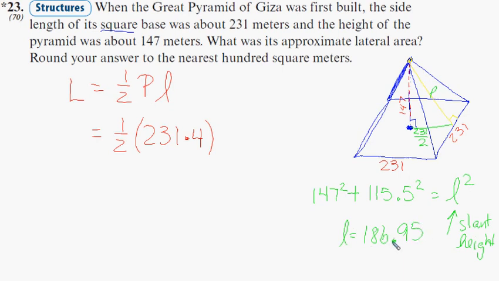All right, now we're finally ready to put that in here, 186.95, and then you can multiply it all out and you'll get the lateral surface area. Okay, do you see now why I said a sketch is so important? Because if you don't have a sketch, you're just going to be grabbing random numbers from everywhere and never getting anything really concrete settled in your mind.